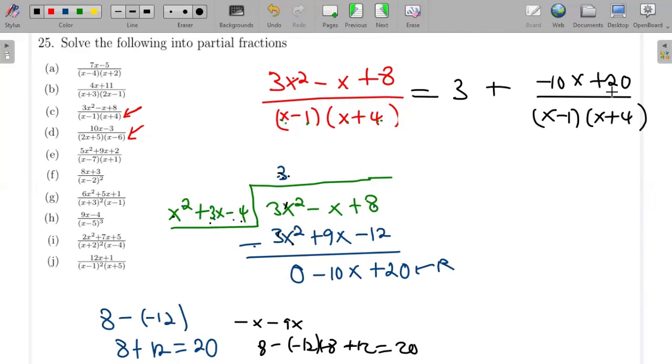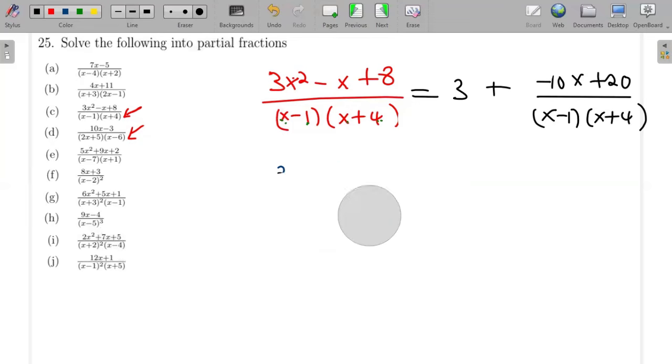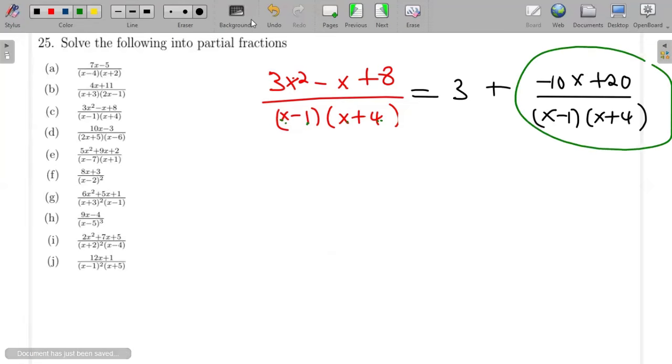This is the 20 that I wrote, so I'm good to go. Now I'm going to decompose the part which has the remainder divided by those factors. So it will be minus 10x plus 20 divided by x minus 1 and then x plus 4.